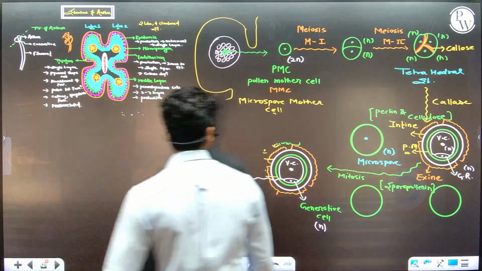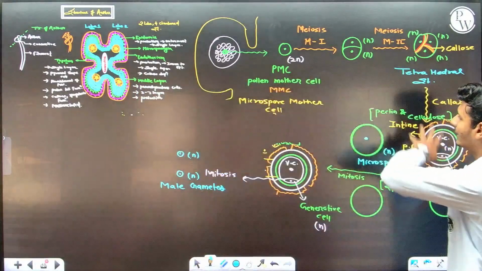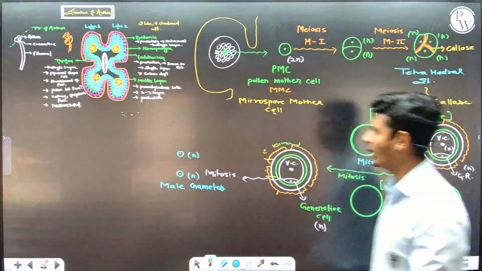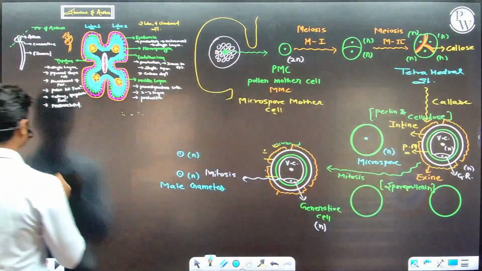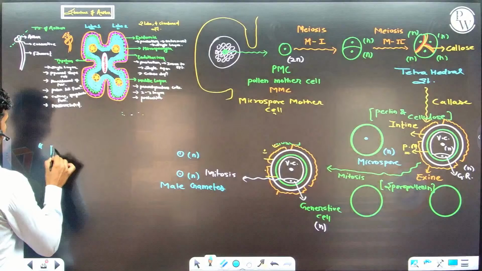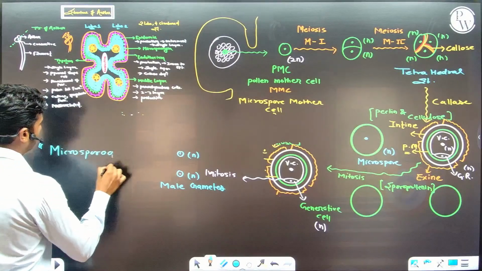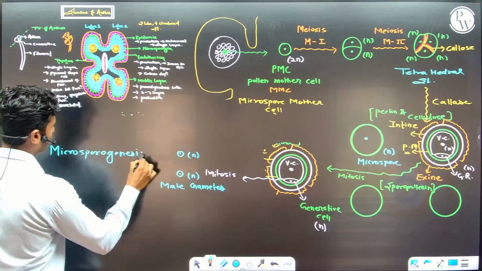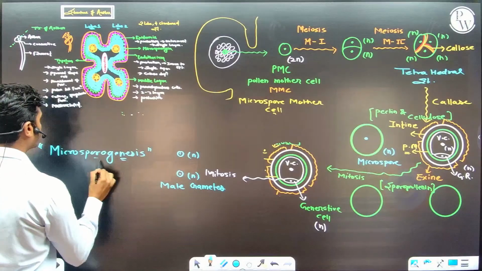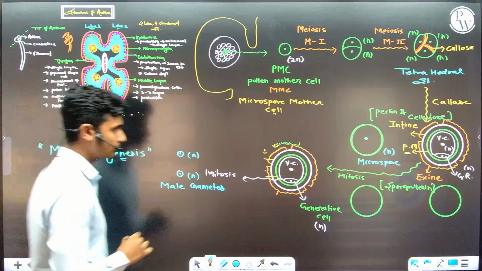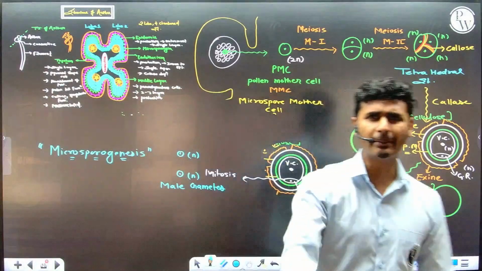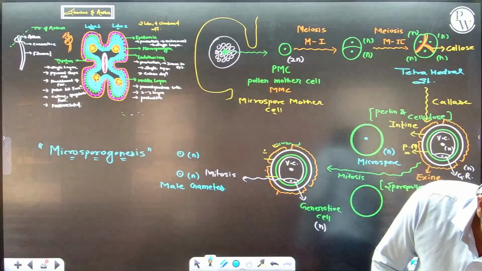This is the development of the male gamete, a concept called microsporogenesis.